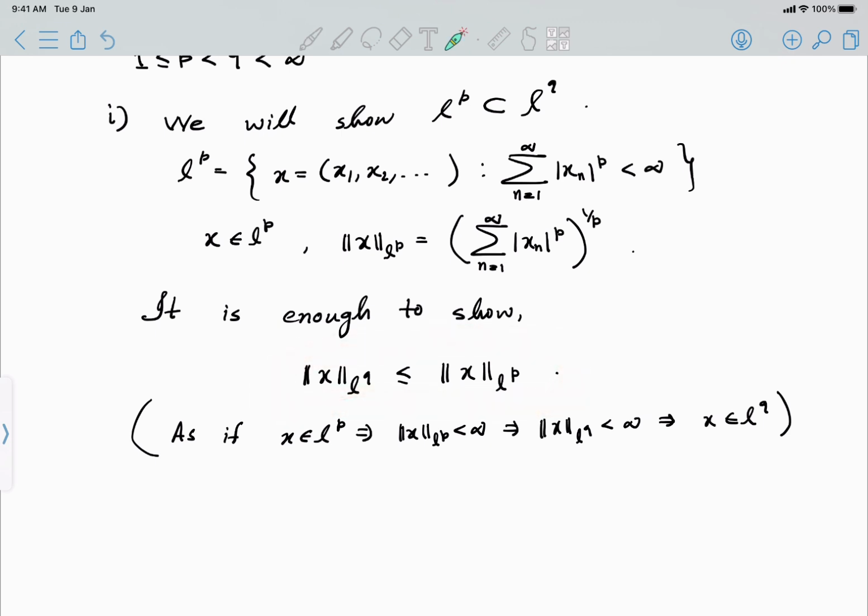Now observe that this one is scaling invariant. If you multiply by some number lambda, it cancels from both sides.